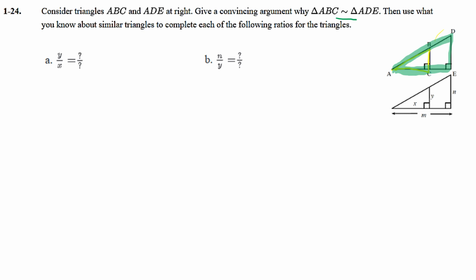So we know from geometry that similar triangles have proportional corresponding side lengths. So you can kind of see these sets. So use what we know about the similar triangles to complete each of the following ratios. So x and y, x is the length of the small triangle ABC, and y is the height.